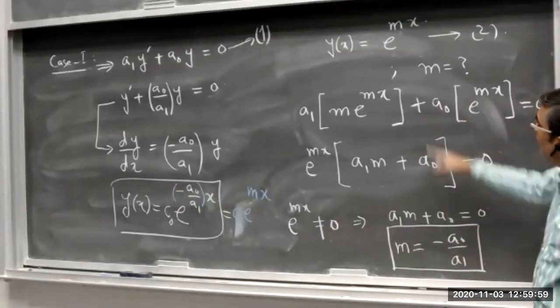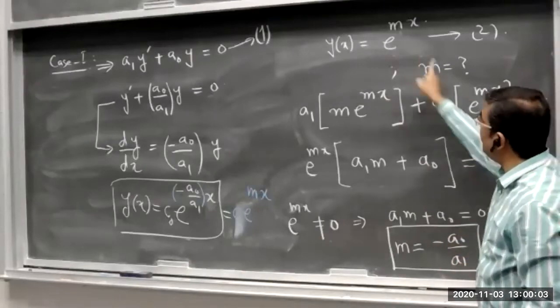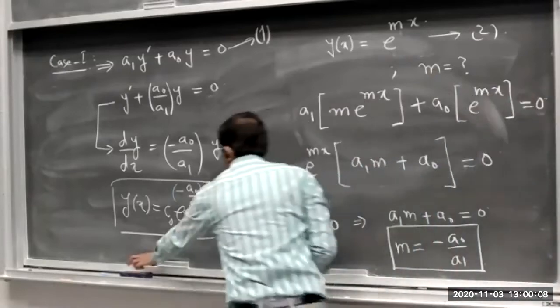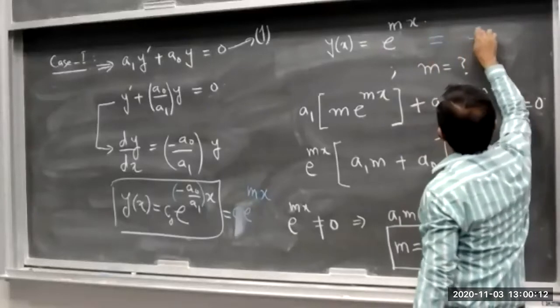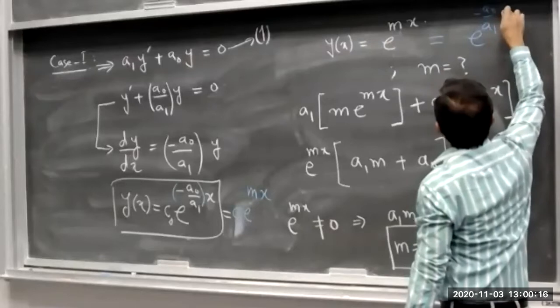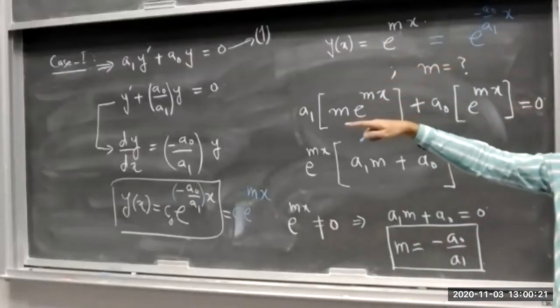And again, we have assumed that the solution is this. So m की value unknown है यहाँ पे. We can find the value of m, and then we can finally write the solution in this form: e raised power negative a naught over a1 times x. So this will be the solution of the given differential equation.